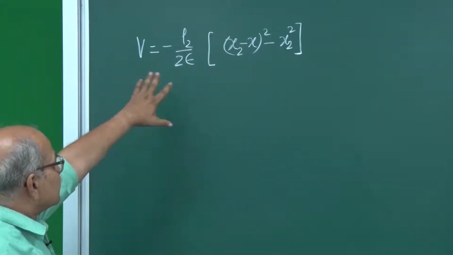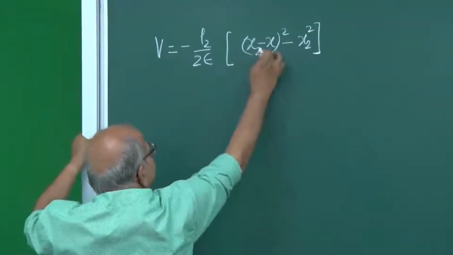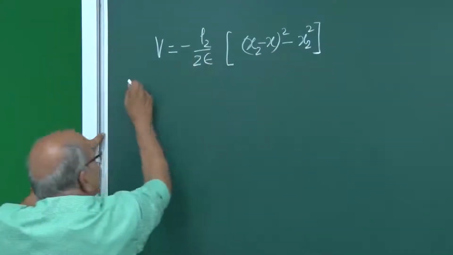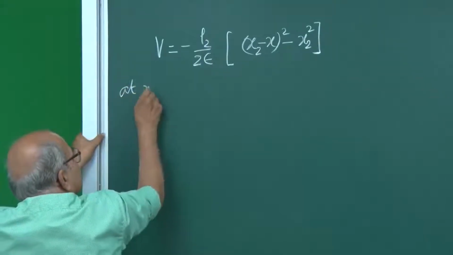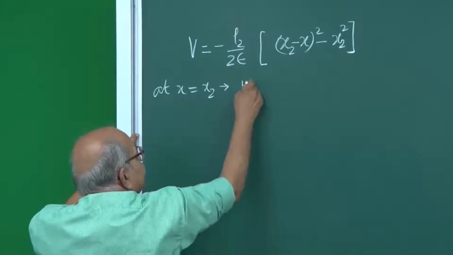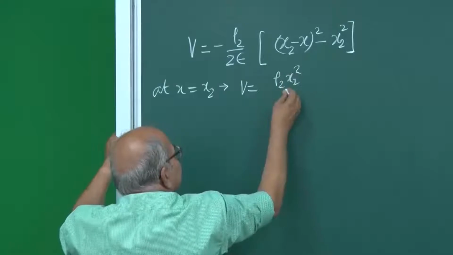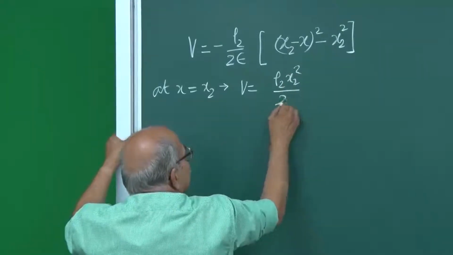At x equal to 0, this is 0, and at x equal to x2, V is equal to rho 2 x2 square divided by 2 epsilon.